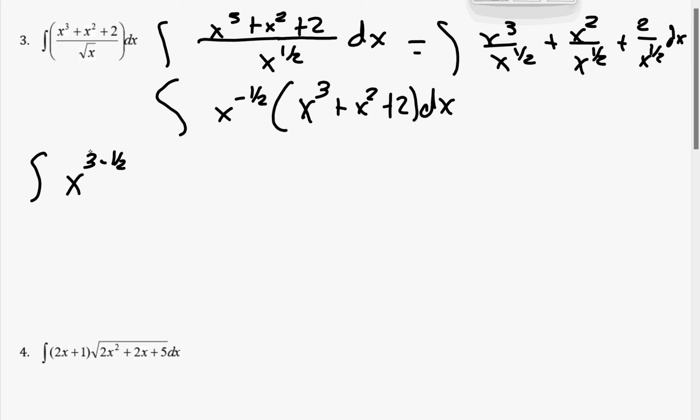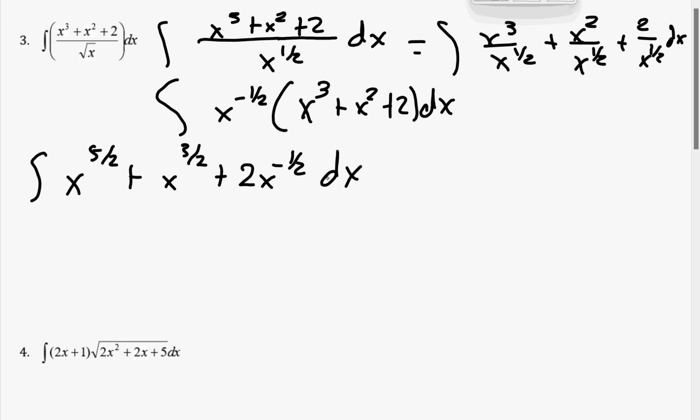That's just bringing this 1/2 to the top or distributing this -1/2, right? So if we do that, we get 2.5, which is 5 halves? And then x to the 2 minus a half, so that'd be 1/2, which is 3 halves. And then all I'm doing is distributing this, and then plus 2x to the -1/2.